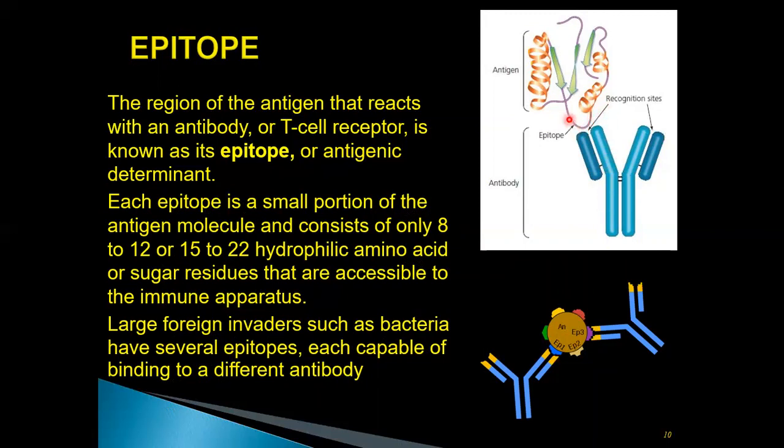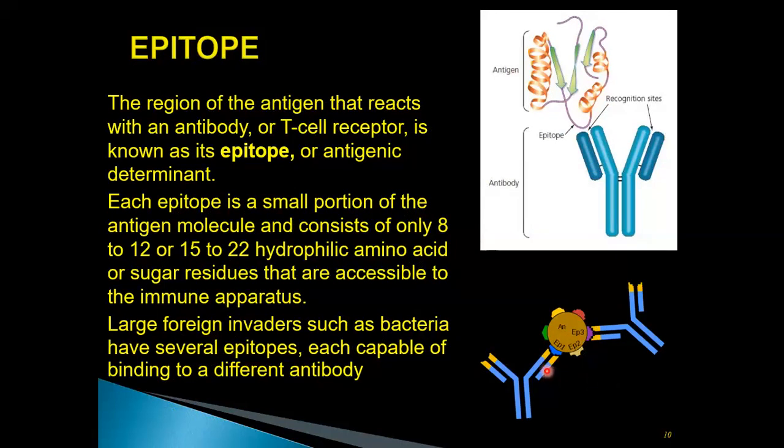Just remember that it's a small peptide, only 8 to 12 or 15 to 22 amino acid sequence, or a sugar residue which is accessible to T cells or to the antibodies.